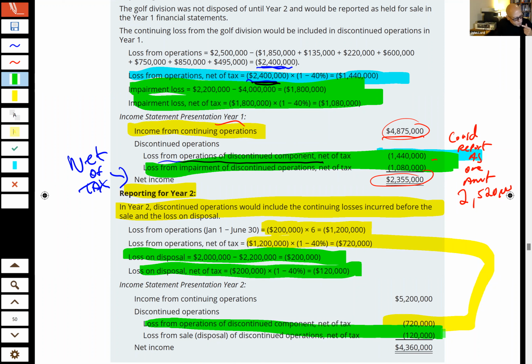Again, you could report that as one amount. So if you were to add those two numbers together, what does that come to, guys? 840.